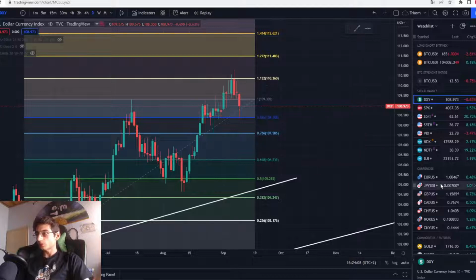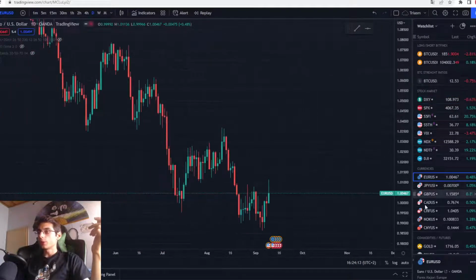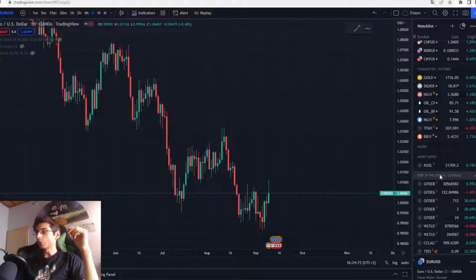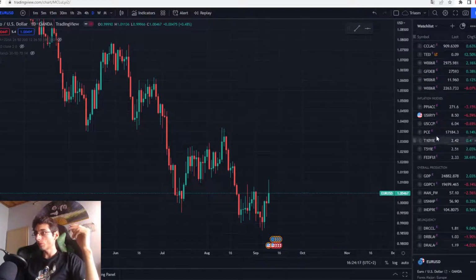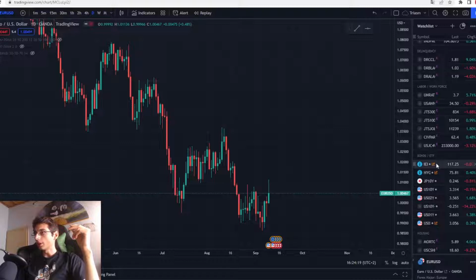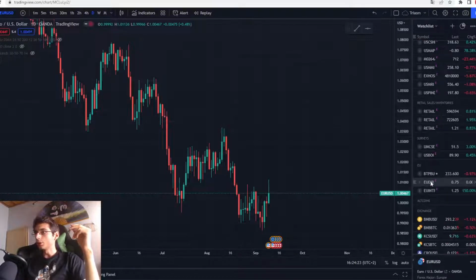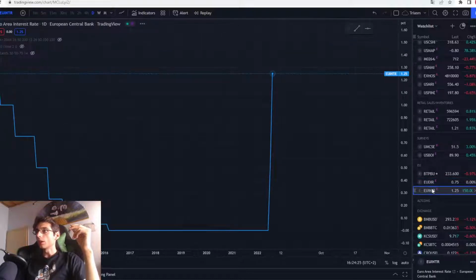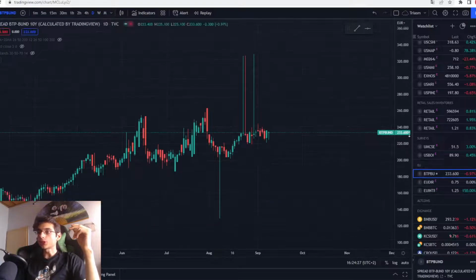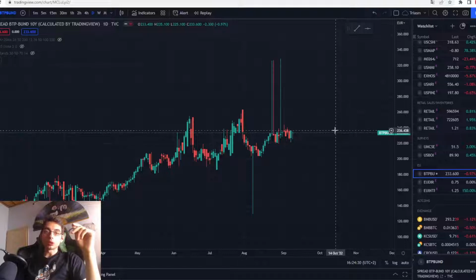But if this continues, we have a spread. If I can find it, let me just get there. Housing, retail, so this is the spread, BTP BUND.